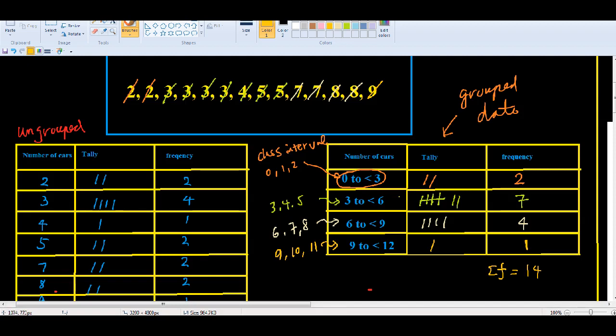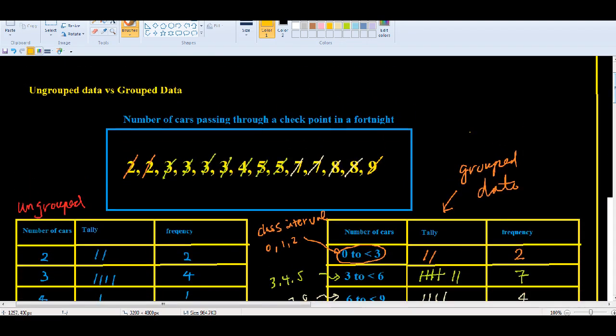For example, if we say there are 2 days with a number of cars between 0 to less than 3, you don't know for those 2 days how many cars. Possibly there are no cars, or one car, or 2 cars. So you lost some accuracy by using grouped data. Remember that grouped data is more simplified.